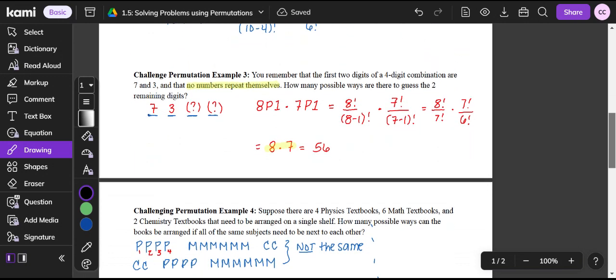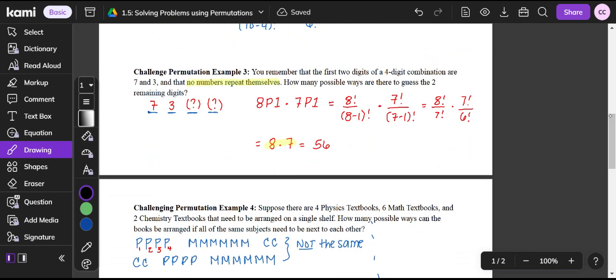Okay, when I look at problem number 3, it says you remember that the first 2 digits of a 4-digit combination are 7 and 3, and that no numbers repeat themselves. How many possible ways are there to guess the 2 remaining digits? Now, this one is a little tricky because you see the word combination. And you might think, well, hey, I'm going to solve this with a combination.